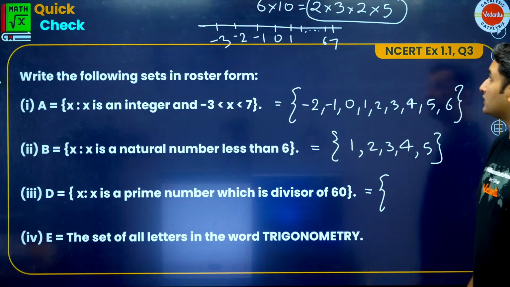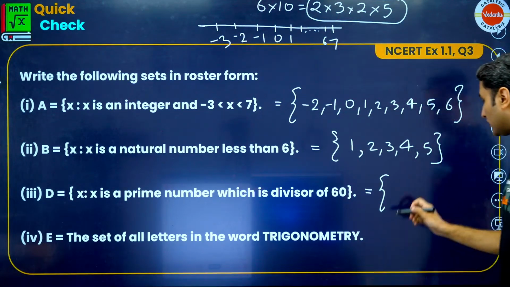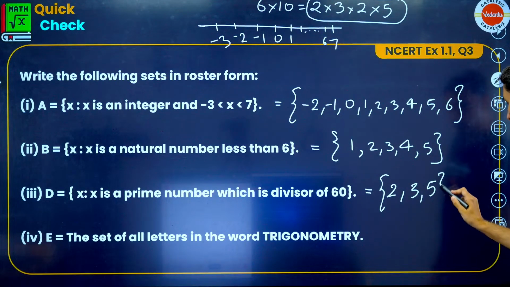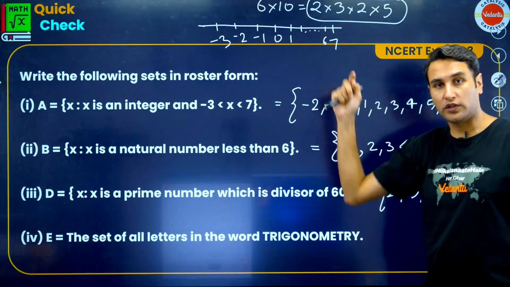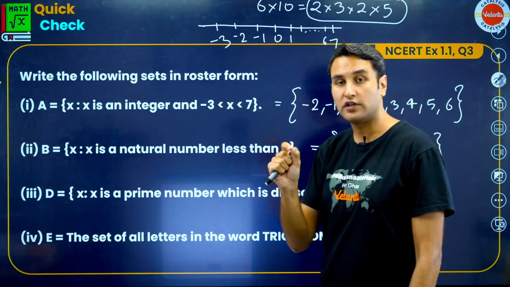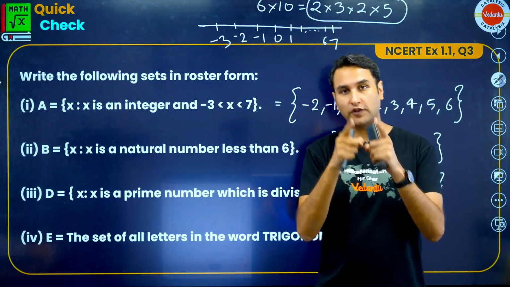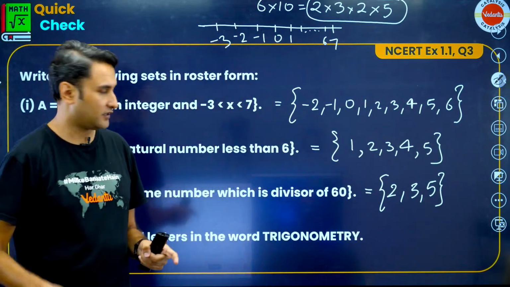Which are the prime numbers in this? 2 is a prime number, 3 is a prime number, 5 is a prime number. So can I write the set as 2, 3 and 5. See, I took 2 only once because we saw when you represent a set, you take an element only once, right? Don't repeat it while writing the set.